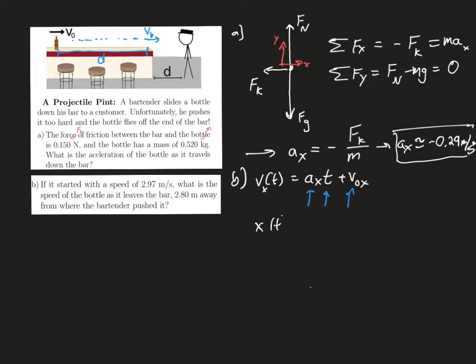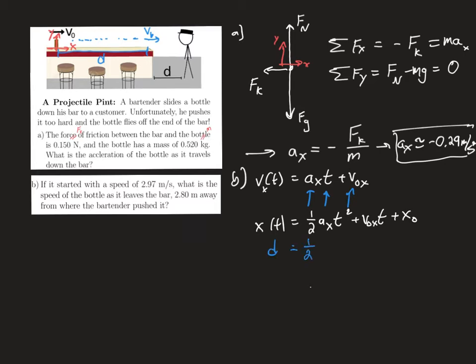So that other kinematic equation is x of t is 1/2 a x t squared plus v naught x t plus x naught. Recopying that equation with the variables we actually have in our problem, I'm keeping the same coordinate system, where the bottle actually started is going to be the origin, and so the distance it traveled, which is x of t, is going to be d.